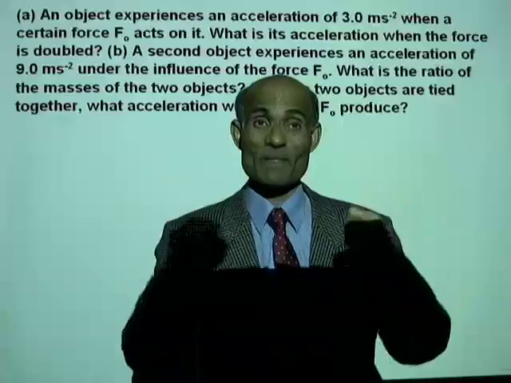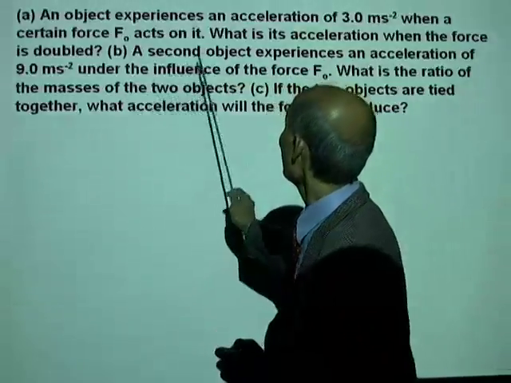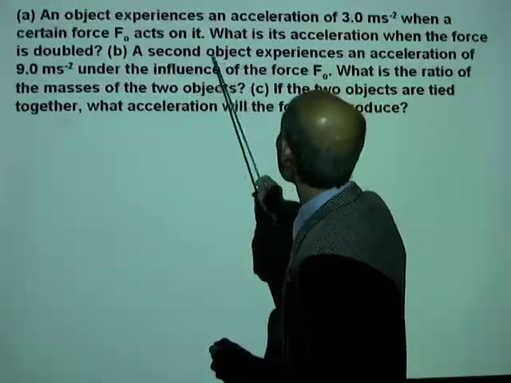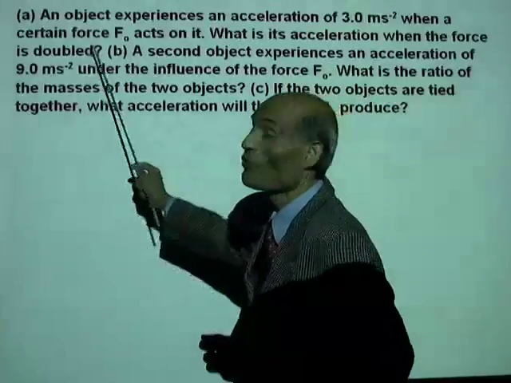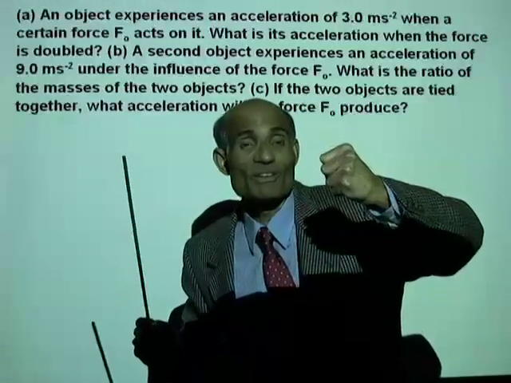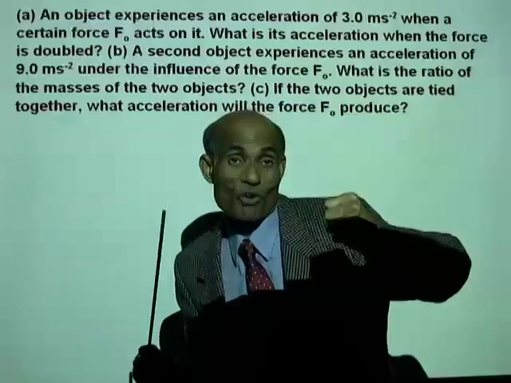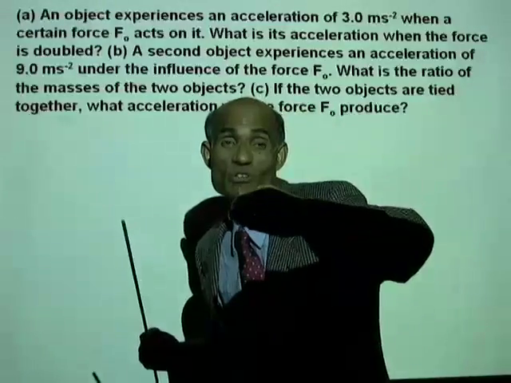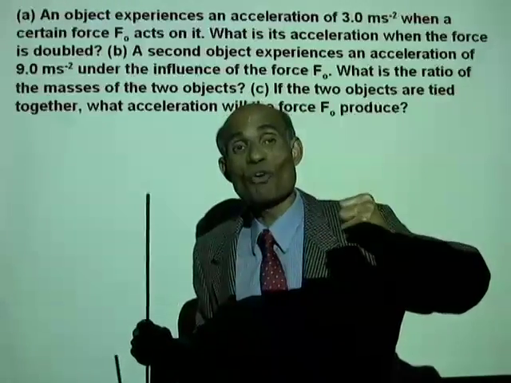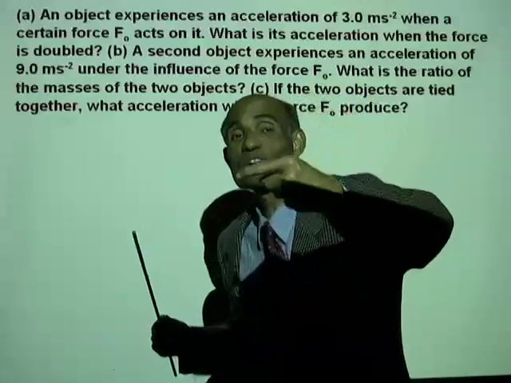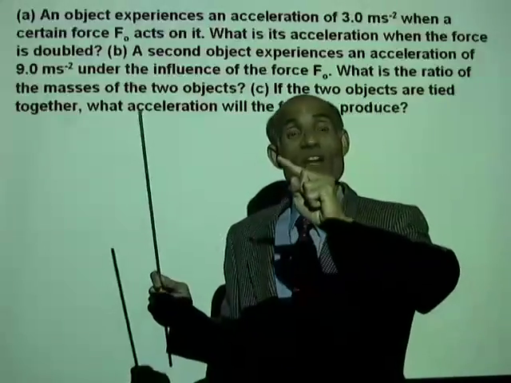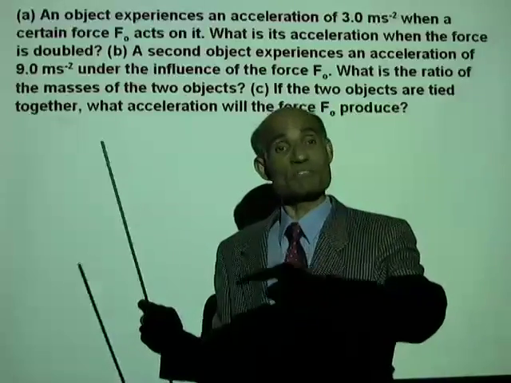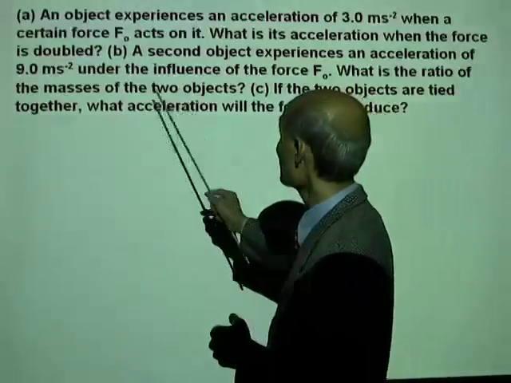So what is the acceleration when the force is doubled? The force is directly proportional to the acceleration, which means if the force is doubled, the acceleration will also double. If the force is halved, the acceleration will also be halved. That's the meaning there. So it's a very simple problem.